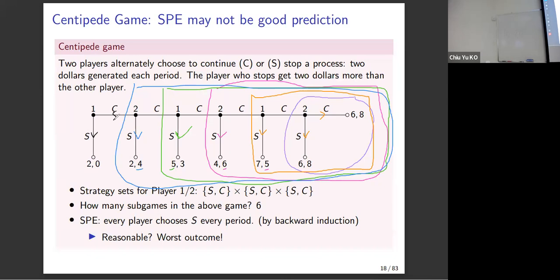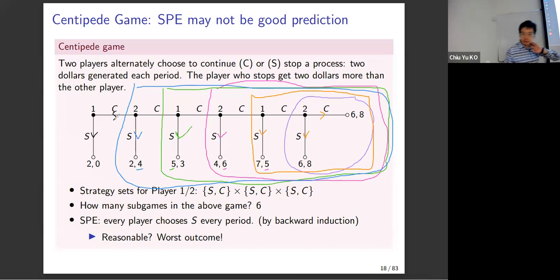And you will see in the experiment, actually people are not that selfish. Some you will see somewhere in the middle. But equilibrium will say this is being chosen.